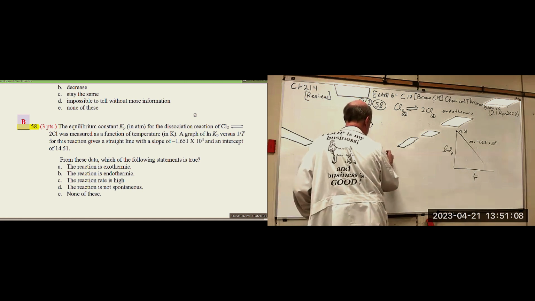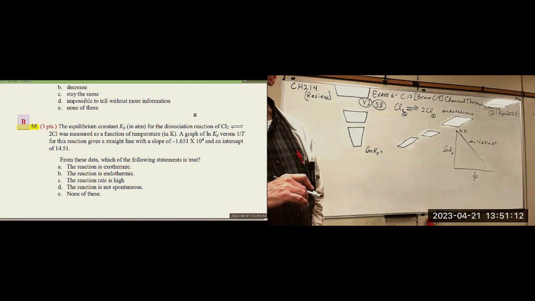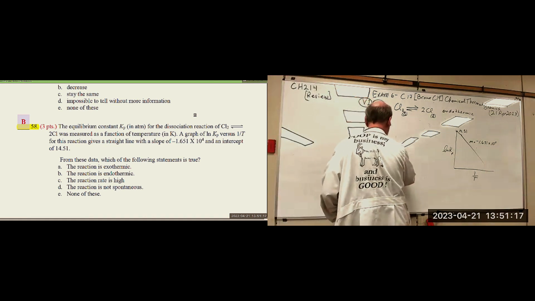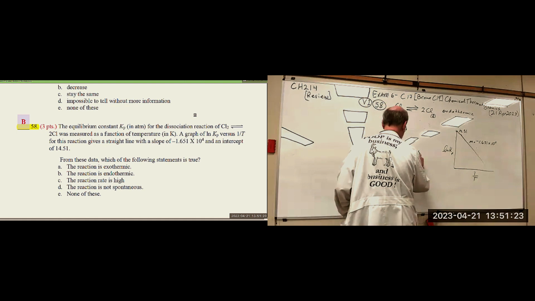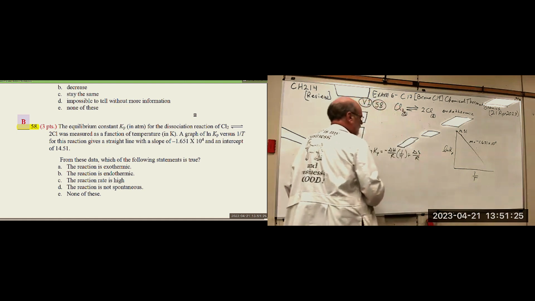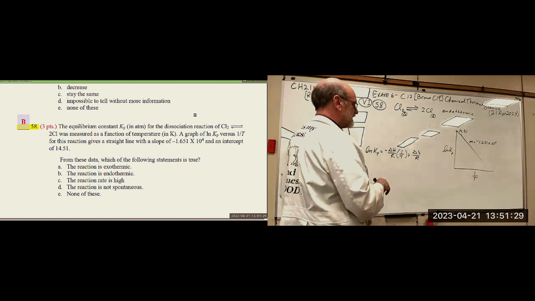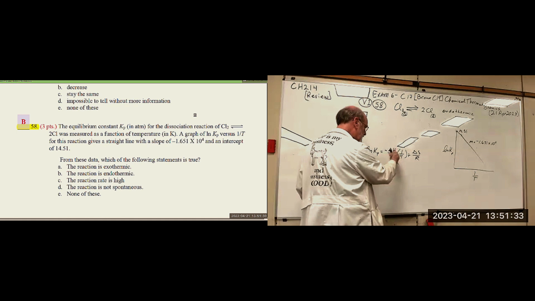Log Kp equals, I never can remember this formula, minus delta H over R times 1 over T plus delta S over R. We could plug the values in here, or we want to get at this one right here.